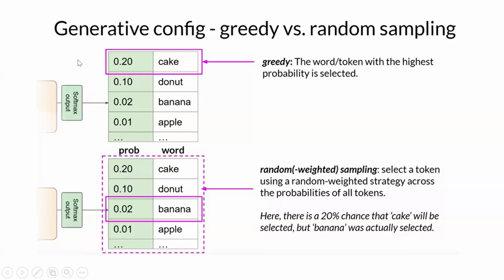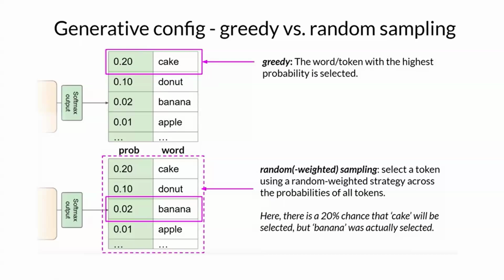For greedy, it will always select the word which has the highest probability. But what does greedy sampling mean? Greedy sampling means it's basically greedy, right? It will select the word which has the highest probability. This is a way to tune your output. Same things are also there in other settings, almost the same thing.